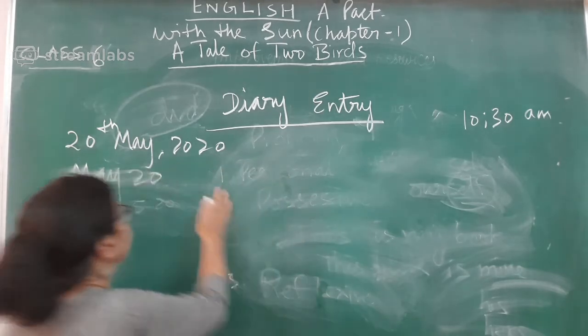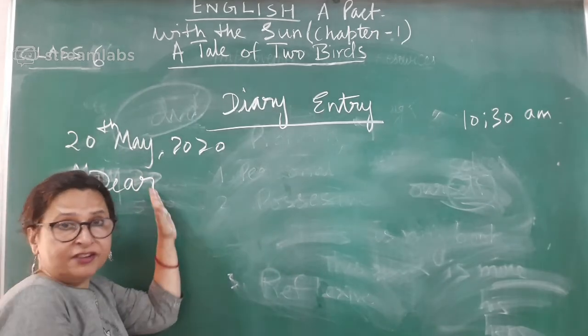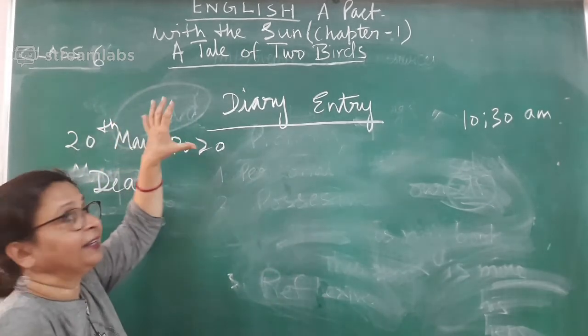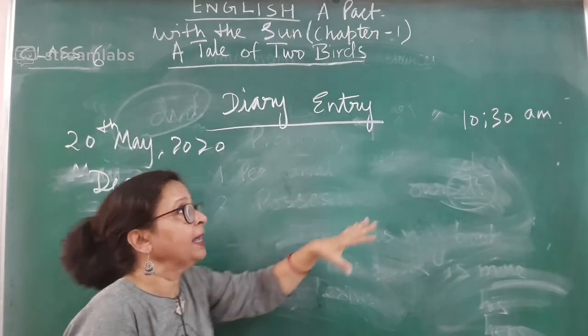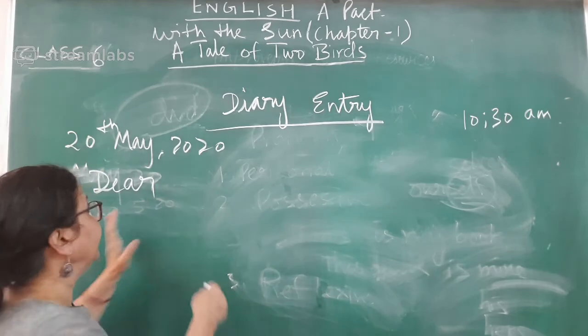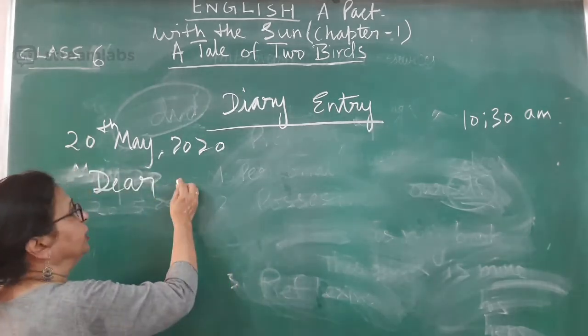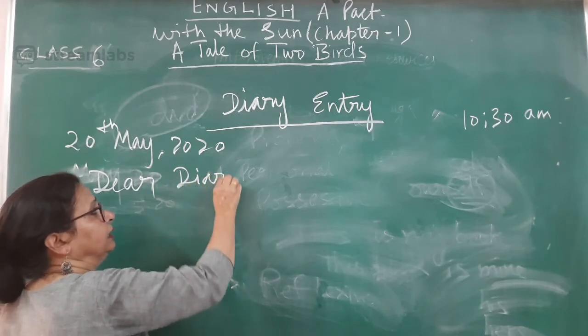It is not essential. Date is essential, time is essential, and you get marks for that. But addressing it makes it more comfortable. You feel at home and you start expressing, dear diary.